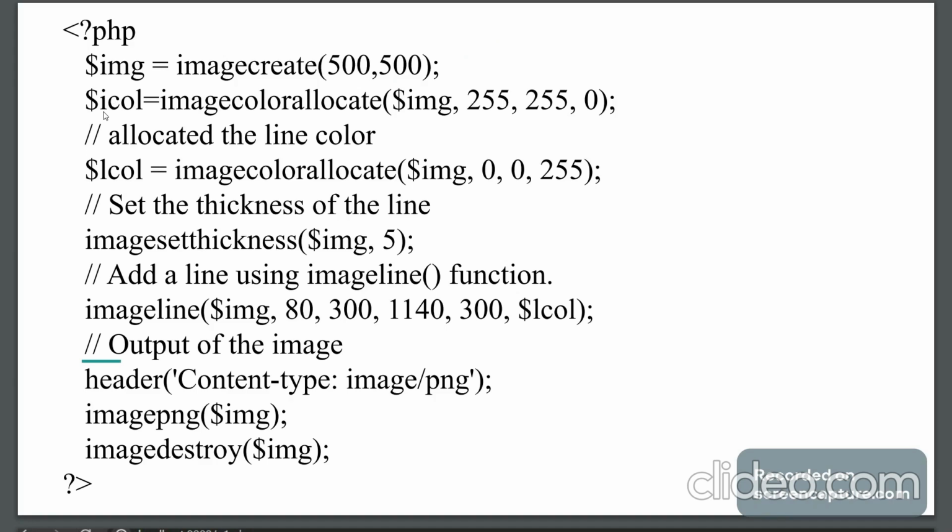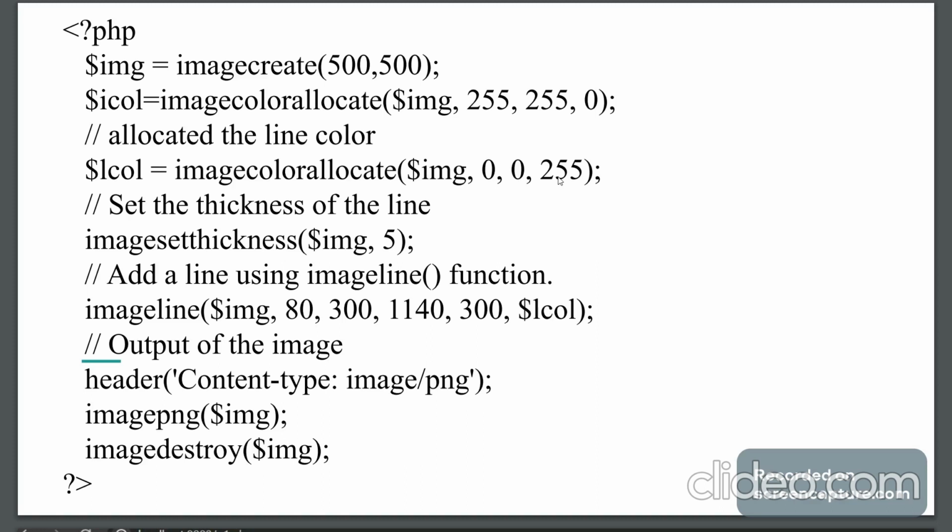Now I want a different color for the line, so I am creating that color with the name lcol. Again, imagecolorallocate, which is created on the same image. I want the line in a dark blue color, so I am setting the red and green values to 0 and the blue contribution to 255, which is the maximum, dark blue.